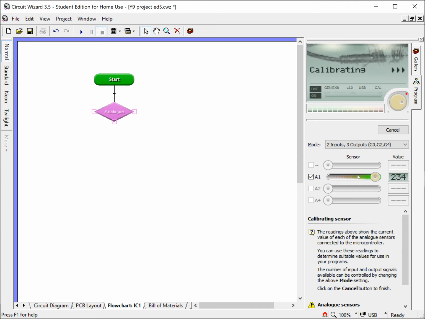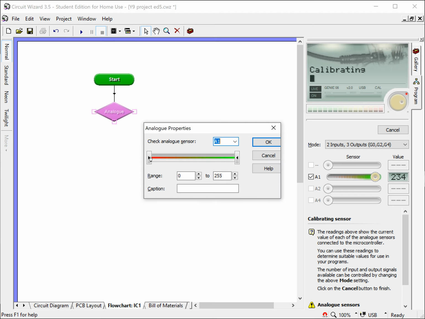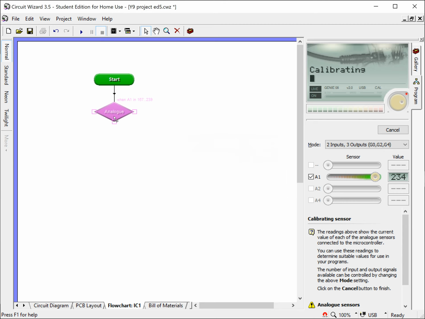How do we do that? Well, if we double click on the analog, you can see that we can move these parameters. We can move this one up to 170, move that one down to about 140, and if the light conditions are in that area, then this will have a yes function. If they're not in that light state, they will have a no.